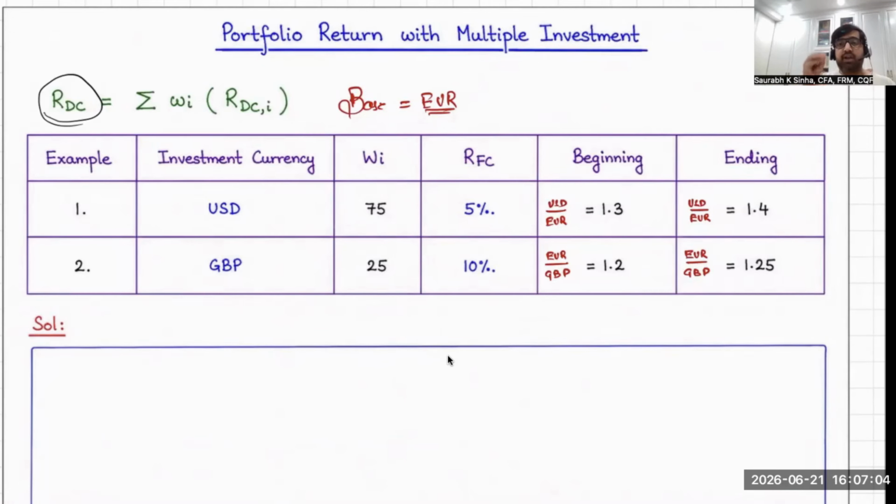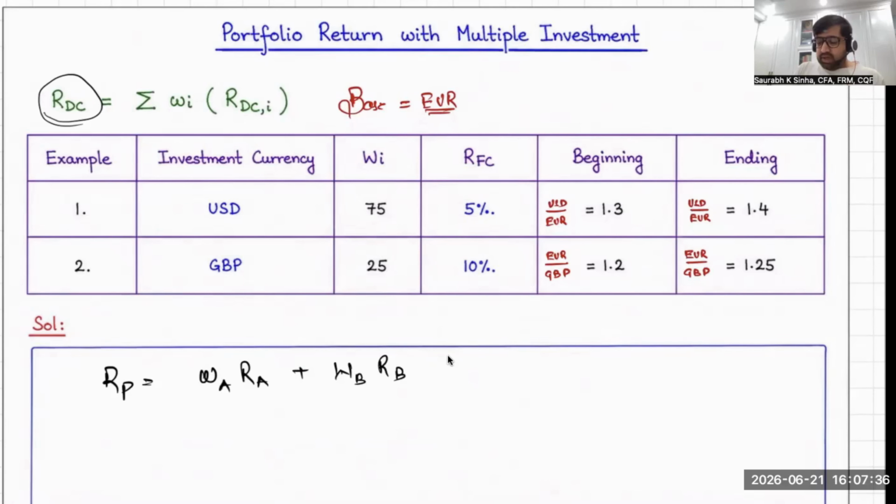The final formula to calculate the return in the domestic currency of the portfolio is the weighted average of returns of different investments. That is the final formula. Okay. So the return of a portfolio is always the weighted average of all the returns. This formula is valid if you're investing in a domestic asset.